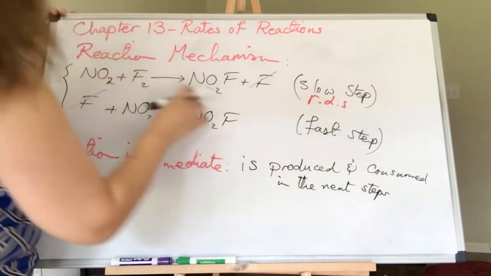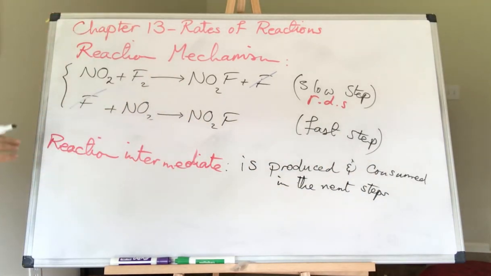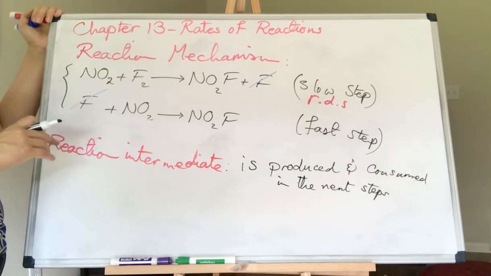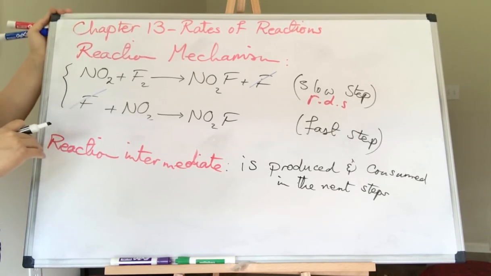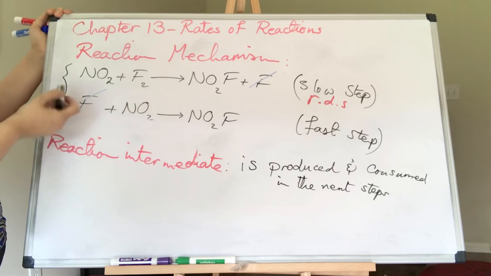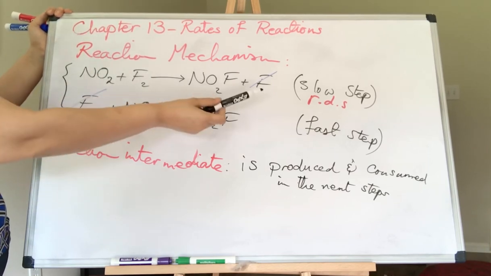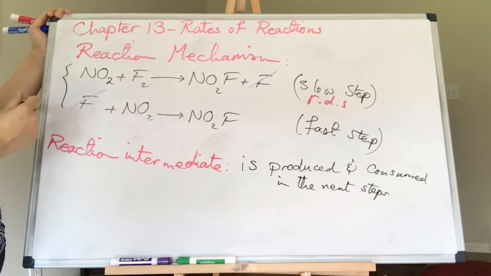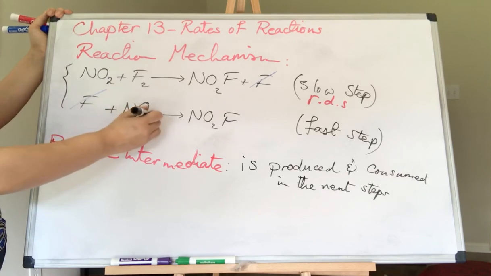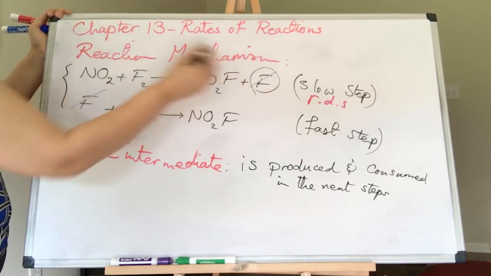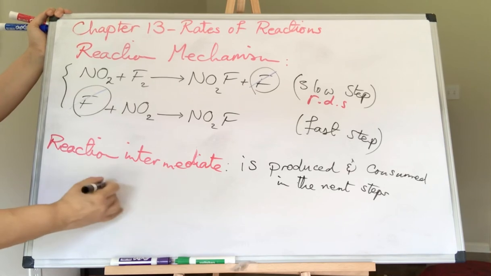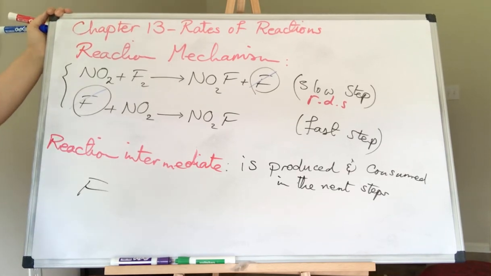So I didn't erase these equations, this reaction. Let's determine which one is the reaction intermediate. What you see has been produced and has been consumed in the next step, F, right? So here the reaction intermediate is F.